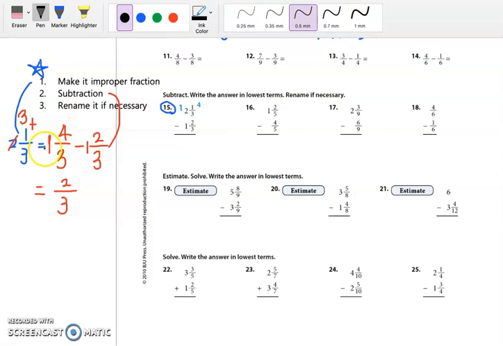Because this 1 cancels out, and I just need to keep the denominator the same, and then I just need to take the numerator, and when I take away 2 from 4, I get 2. So this is my final answer. And because this is already in lowest term, I don't need to do renaming. Okay, so my answer is 2/3.